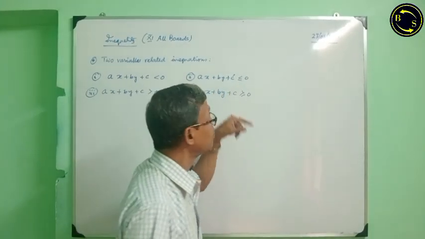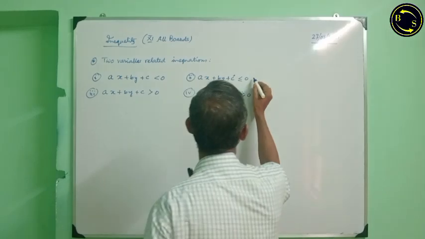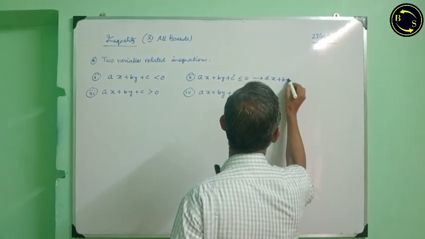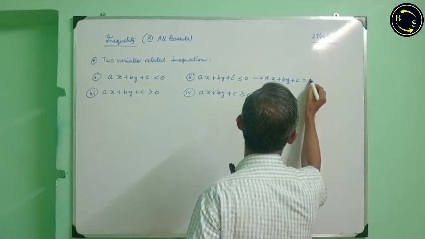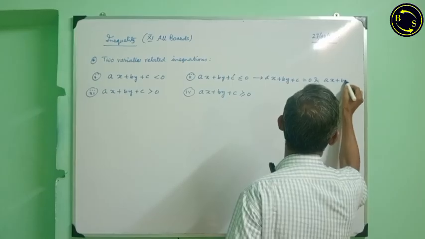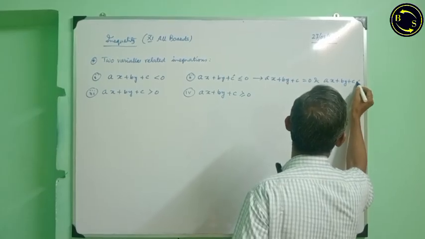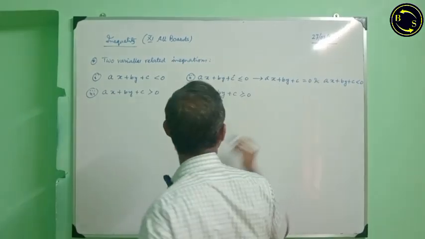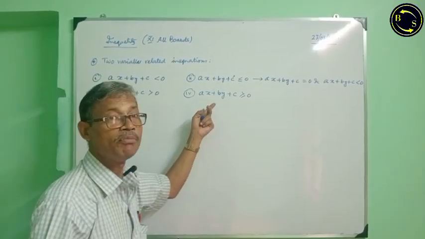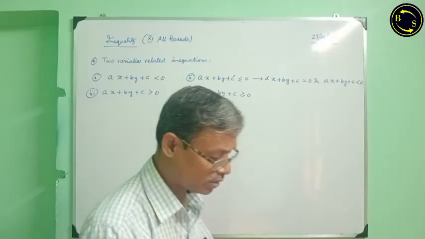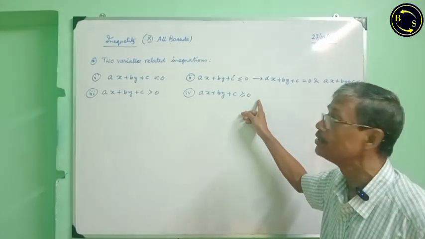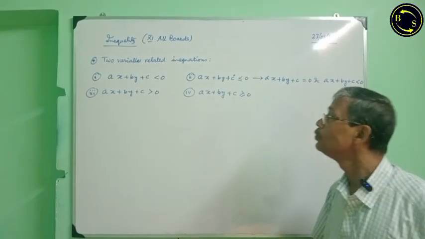Less than equal to 0. That means this is a combination of ax plus by plus c equal to 0 and ax plus by plus c less than 0. The combined form of these two is this. Similarly, this is the combination of ax plus by plus c is equal to 0 and ax plus by plus c greater than 0.